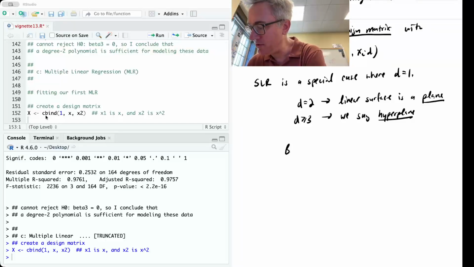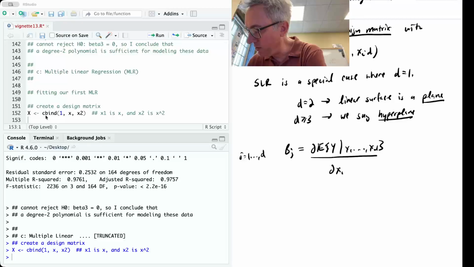So beta j, for j equals 1 up to d, is the change in the mean of y given all of the inputs for a unit change in xj.